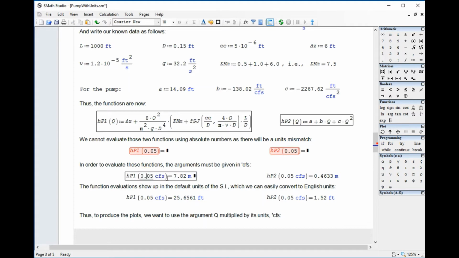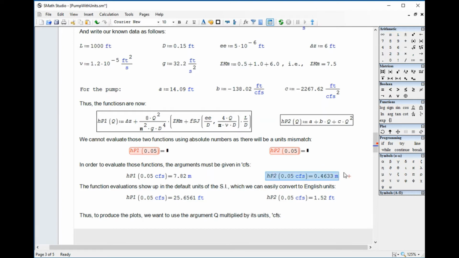So in this case, for example, we use 0.05 quote CFS quote. And it gives me the result in the default units, which are units of the international system.